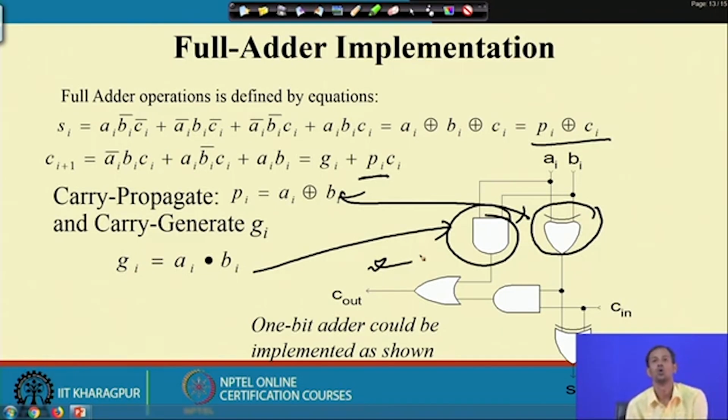Okay. So, what is the problem in ripple carry adder is that I have to wait.